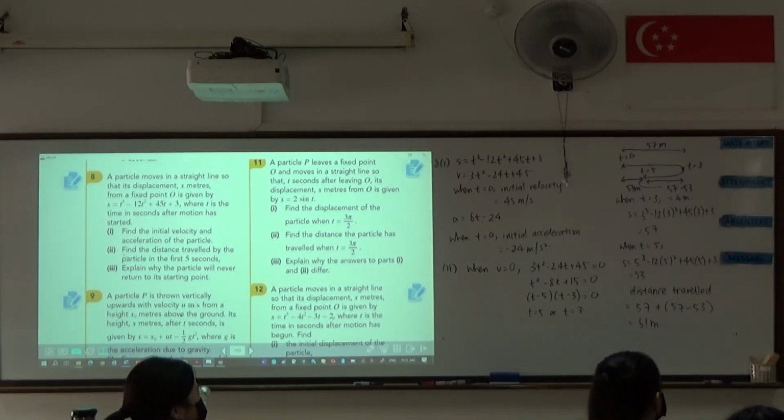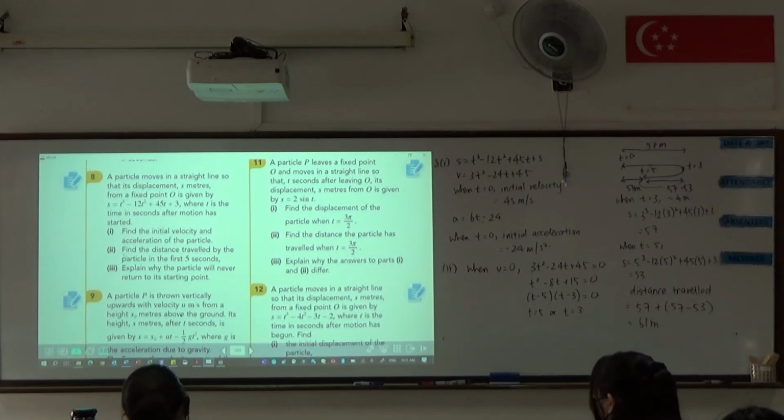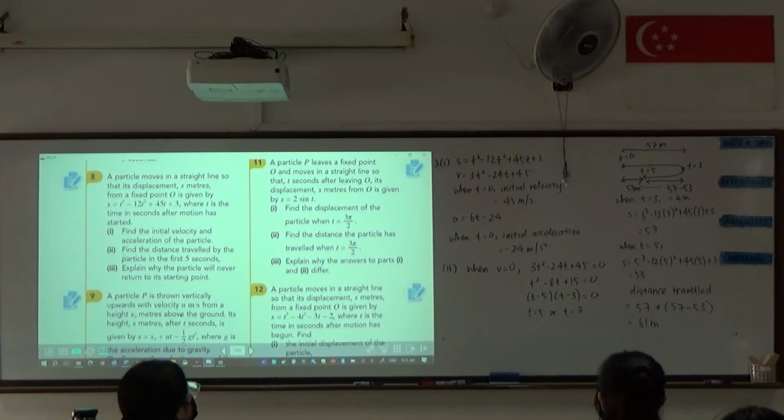Yes. But when the equation equals to 0, won't it be like 3 meters? A particle moves in a straight line, so that its displacement from a fixed point O is given by this, when t is the time in seconds after motion has started. Like if we equate s equals 0.